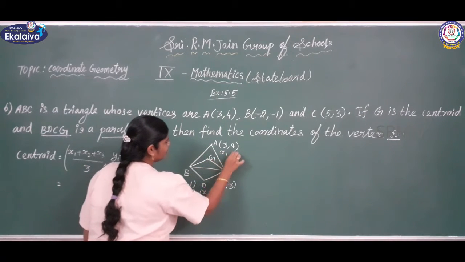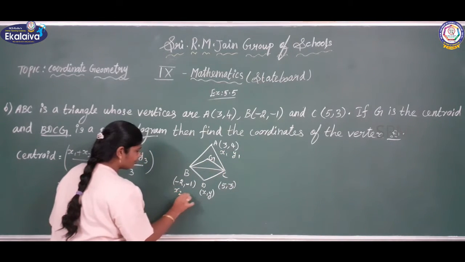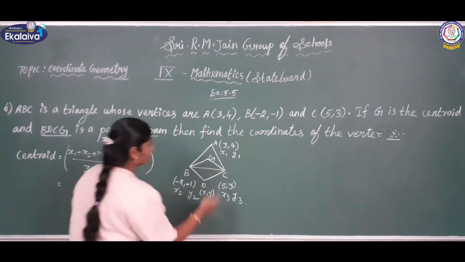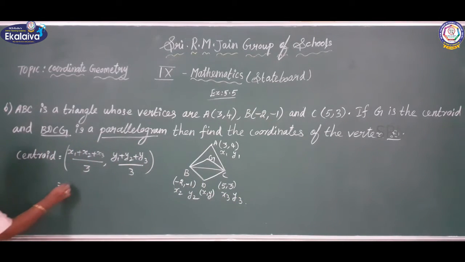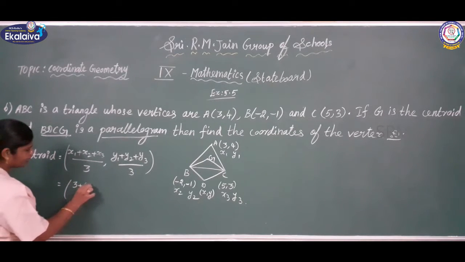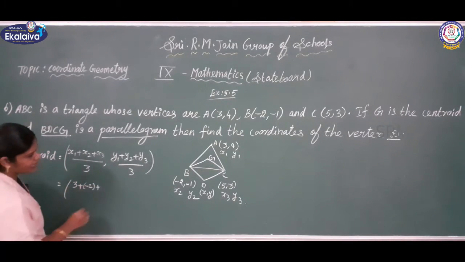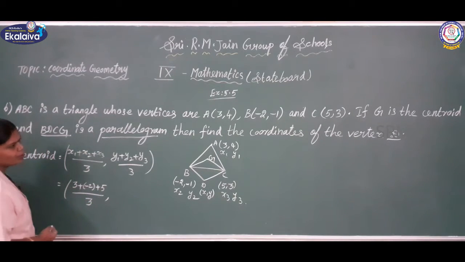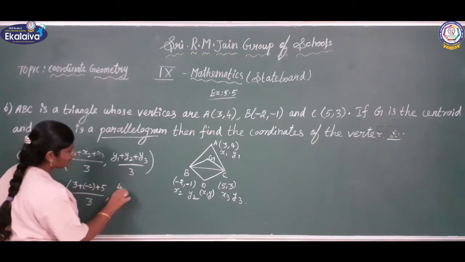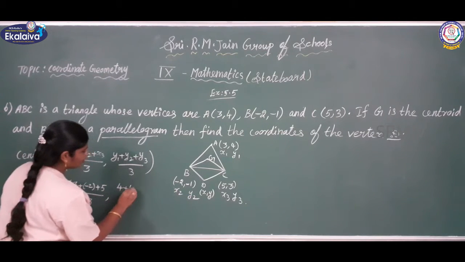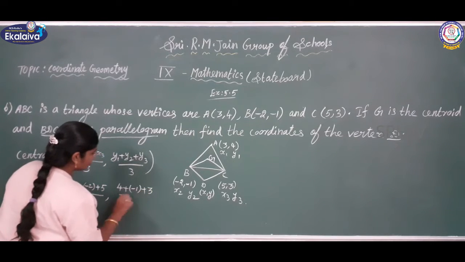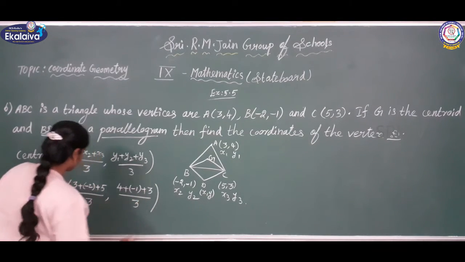This is x1, y1, x2, y2, x3, y3. So x1 3 plus of x2 minus 2 plus x3 5 divided by 3, comma, y1 4 plus of y2 minus 1 plus y3 3 divided by 3.